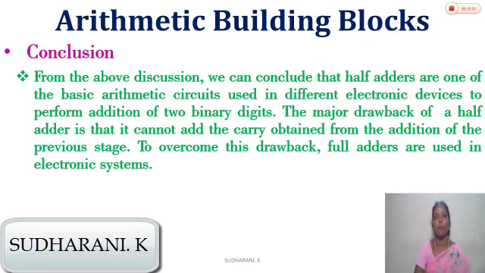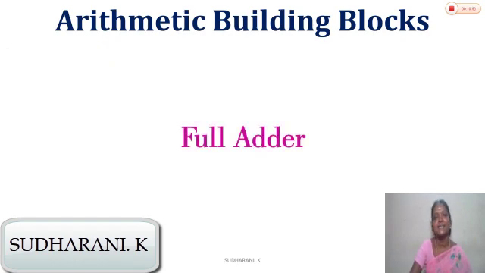But the major drawback of a half adder is that it cannot add the carry obtained from the addition of the previous stage. So to overcome this drawback, full adders are used in electronic systems. So the next arithmetic building block I am going to teach you is the full adder.